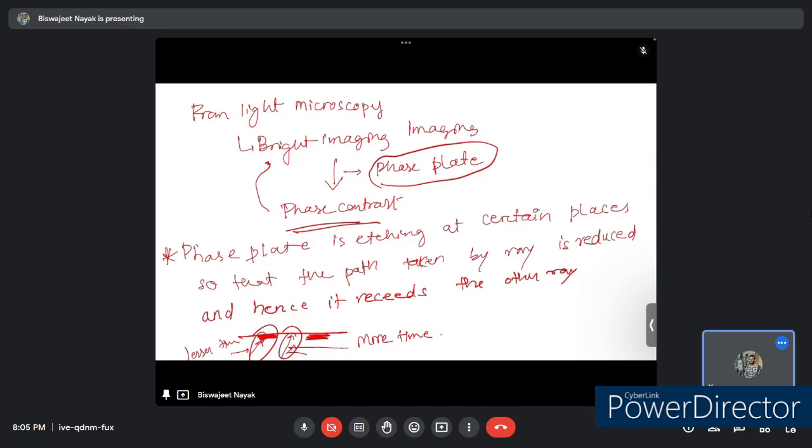So next we have polarization microscopy, where again we get a different kind of imaging by exploiting different phenomena of light.